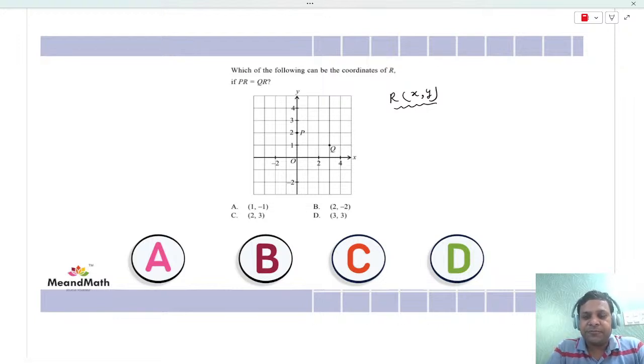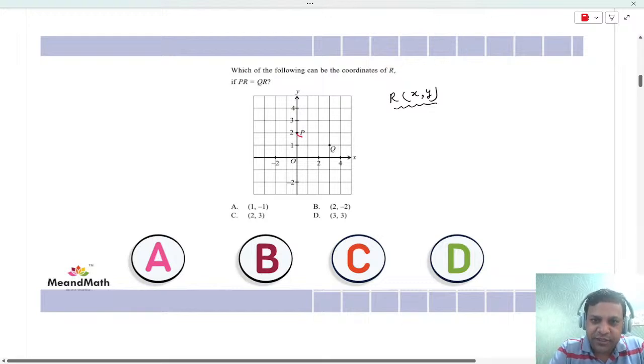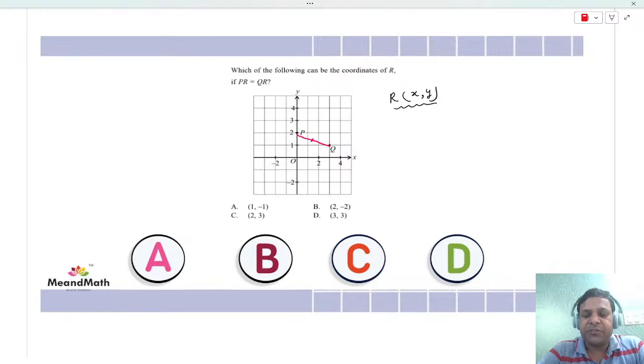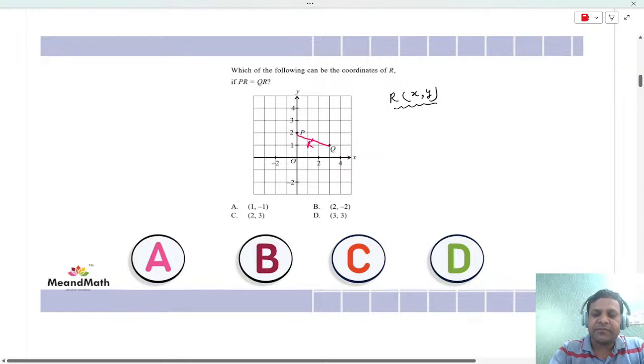You have to make the distances equal: PR is equal to QR. Now, if you join the line, the midpoint of PQ can be the answer, because if R is here, then PR is equal to QR.